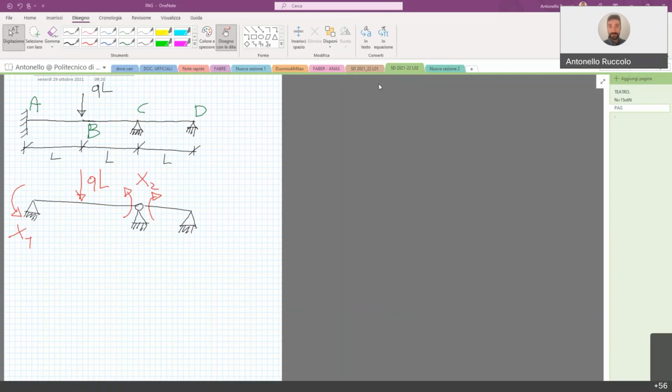Otherwise, we can go on, and I will reply to all the specific questions during the break. In this particular exercise, we changed the fixed connection in the part A to a hinge, I believe, for continuing to solving the exercise, and I didn't understand why we did that.